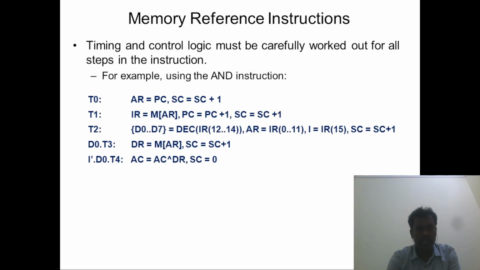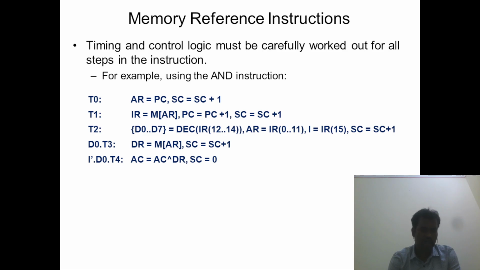With respect to the clock cycles, in T0 the PC will be loaded into AR. The sequence counter is incremented by 1. Next, in T1, M of AR is stored into the instruction register.